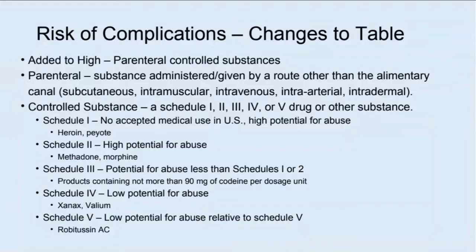Schedule 3, a little less potential for abuse, codeine, not more than 90 milligrams of codeine. Schedule 4, low potential for abuse, Xanax and Valium. And Schedule 5, low potential for abuse, Robitussin AC. So it's two factors, parenteral administration and a controlled substance.